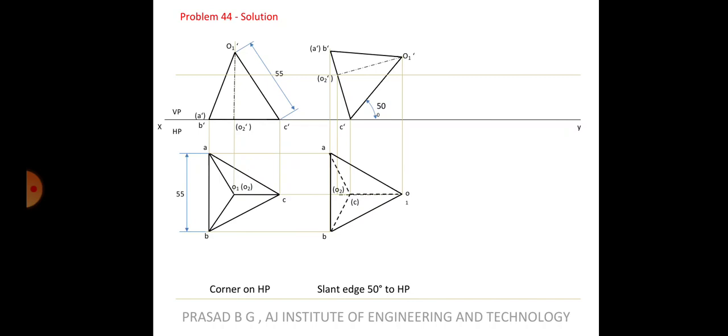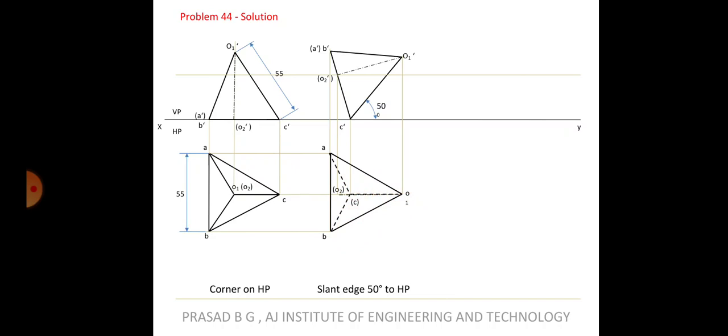In the first view you can see that O1 dash C dash is 55 mm. Now when the projection of that is drawn, this is 55, so obviously this is also 55. But now when you see here, O1 to C will come here, isn't it? Is it the same? No, it will be lesser because it is inclined, right? So now if you take the distance of this, it will be lesser than that.